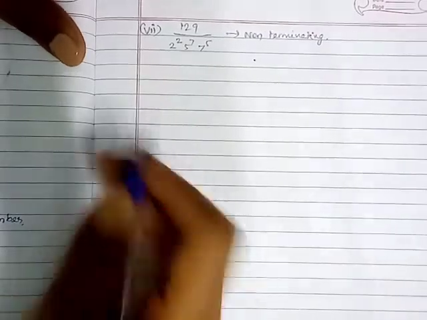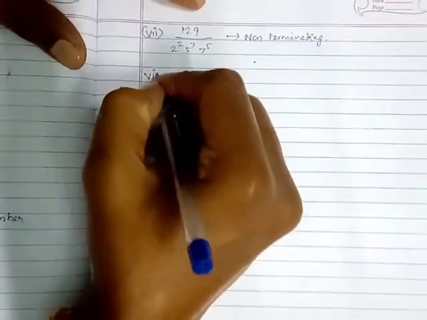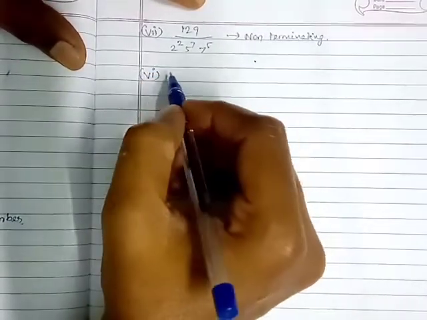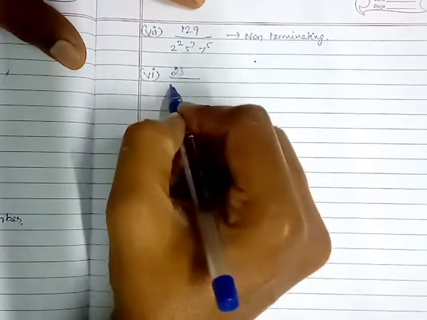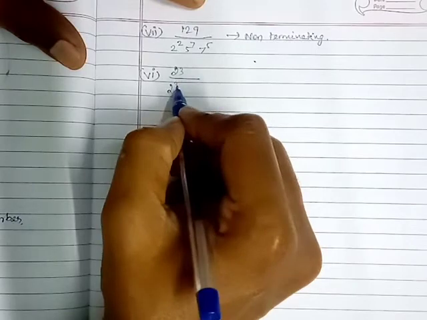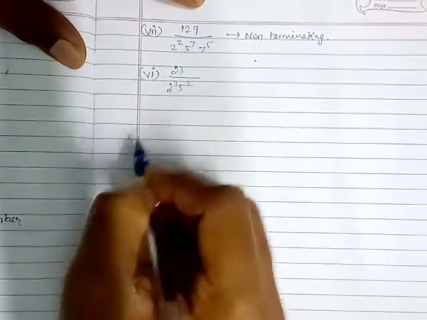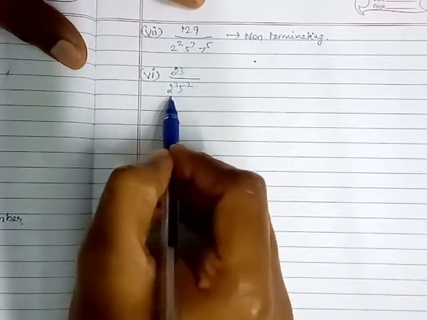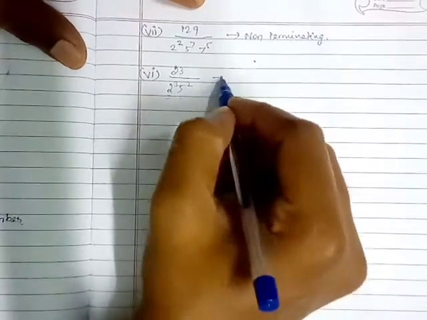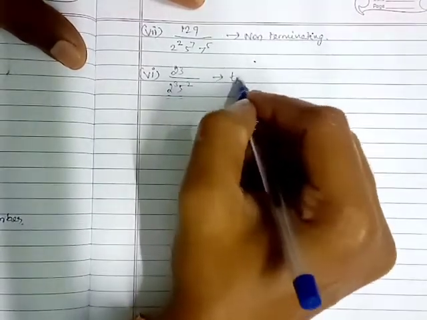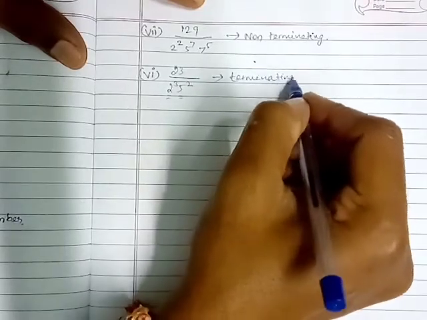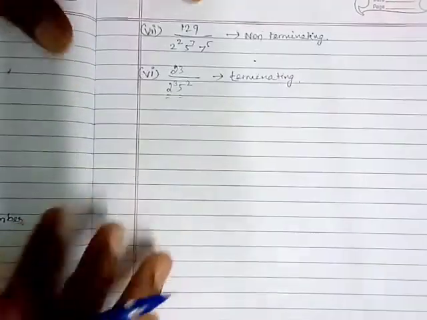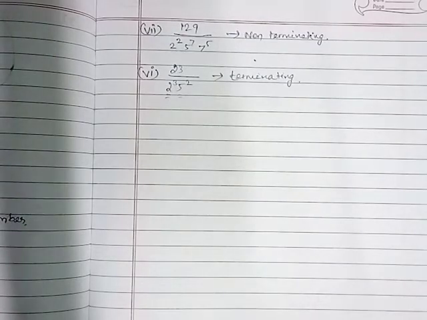We will see this one, 6. The sixth sum is 23 divided by 2 power 3, 5 power 2. So we have both 2 and 5. If it is like this, this is terminating, right? If you have 7, this is non-terminating. If you have the factors 2 and 5, it is terminating.